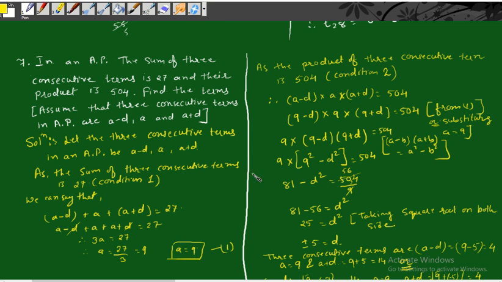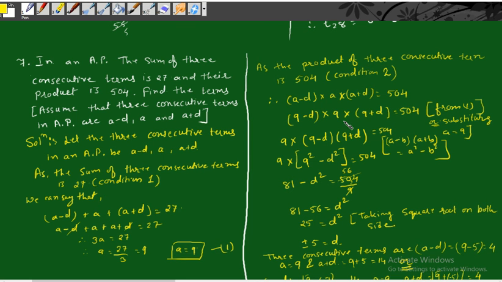Now as we know the value of a is 9, by substituting the value I'll get (9 minus d) into 9 into (9 plus d) is equal to 504.